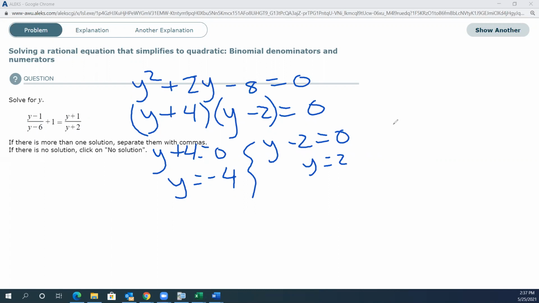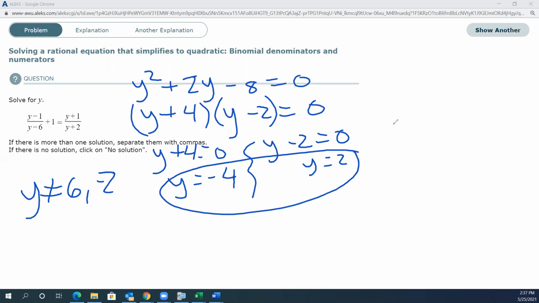That's out of bounds. So I know that y cannot equal 6, and by the same token, y cannot be negative 2. Neither of our solutions coincide with those answers, so they should both work, but we really ought to check them anyway. If either of our answers was 6 or negative 2, they'd automatically be kicked out. So you have to remember to check your work.